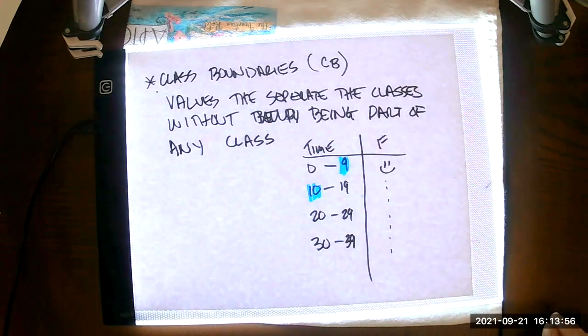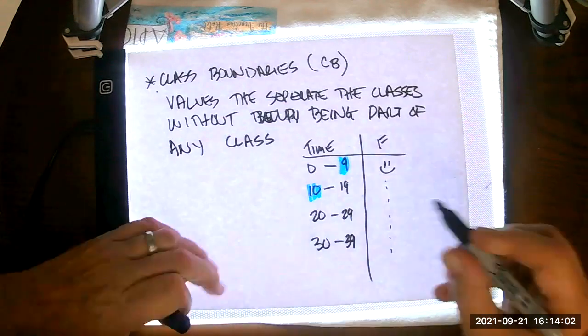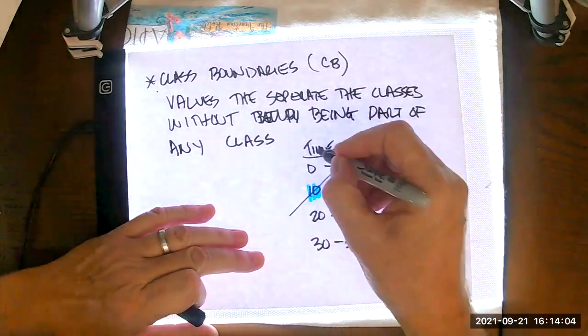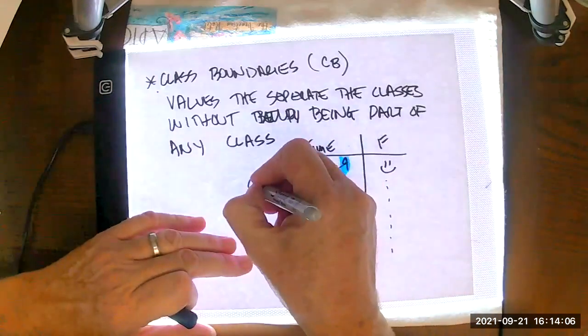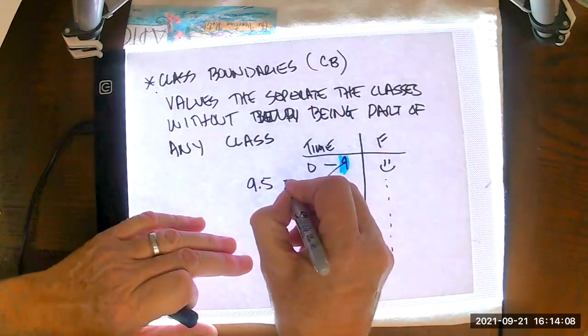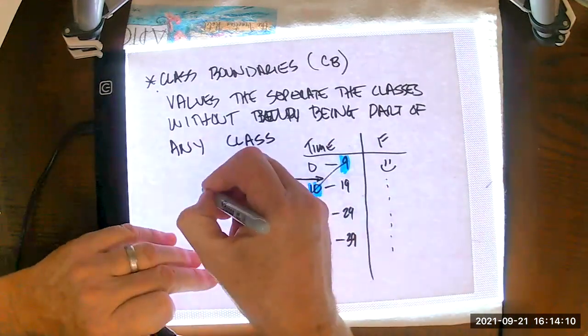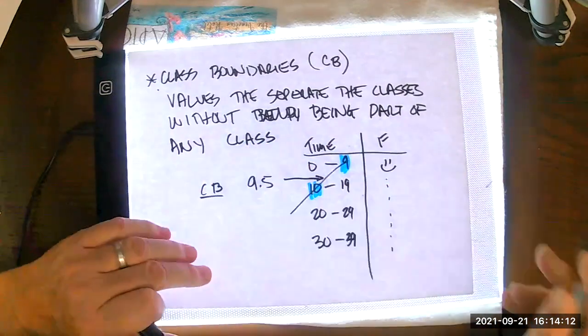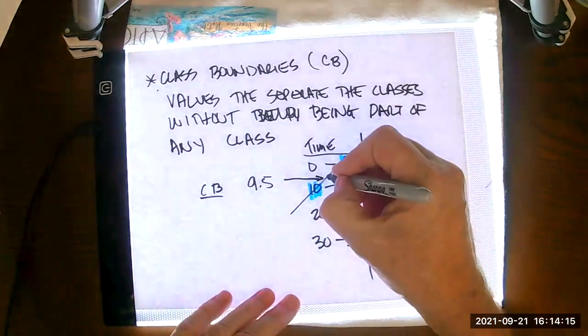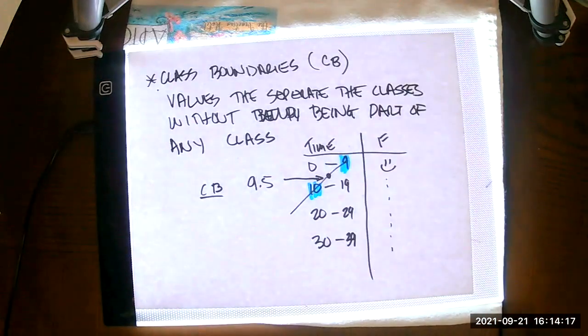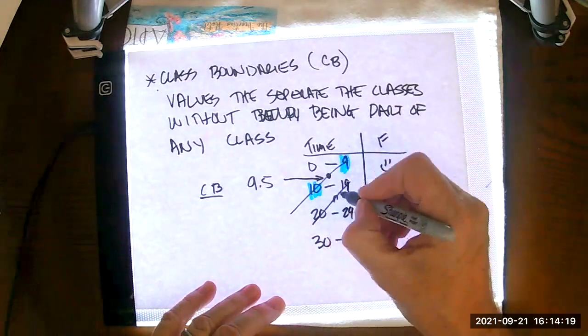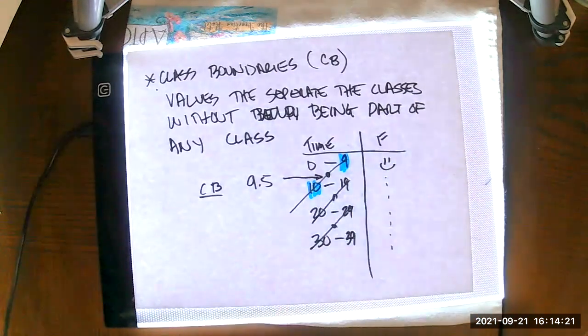That is the gap that we look to when we're trying to determine what the class boundary between the first and the second class is. So 9.5 is the class boundary, the value that's halfway between 9 and 10. And we do that for all of them.